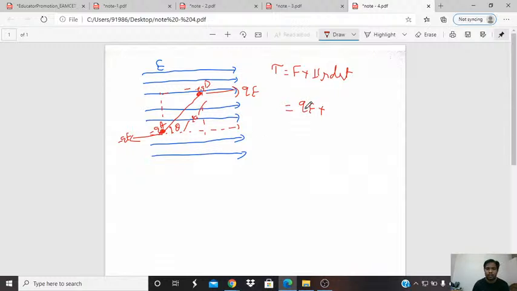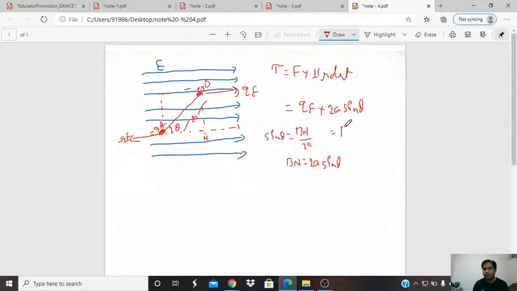How can we get it? Sin theta equals opposite over hypotenuse. Let the foot of the perpendicular be N, so BN by 2a equals sin theta. So BN equals 2a sin theta. So the perpendicular distance is 2a sin theta.